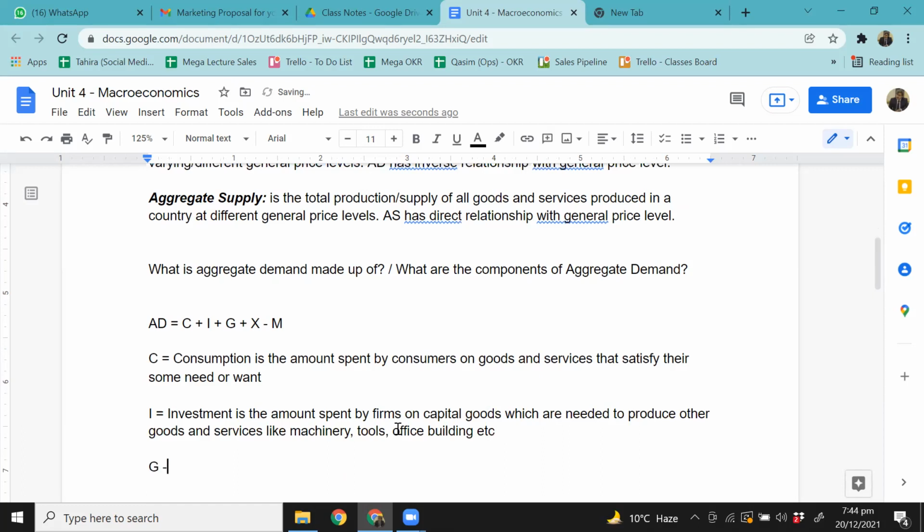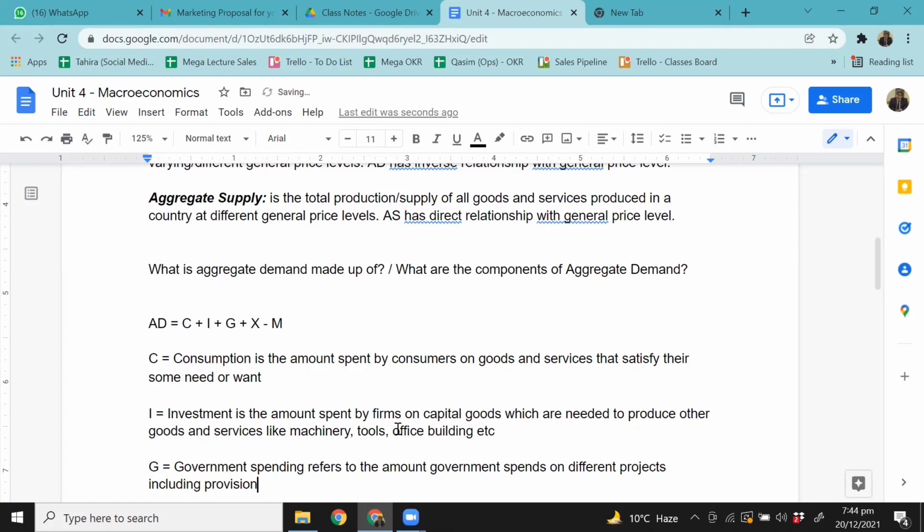Okay. Then G stands for government spending, which refers to the amount the government spends on different projects, including provision of public goods.